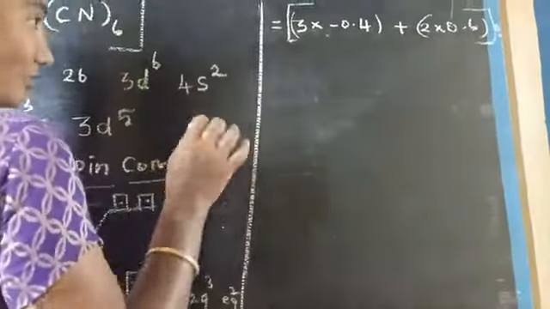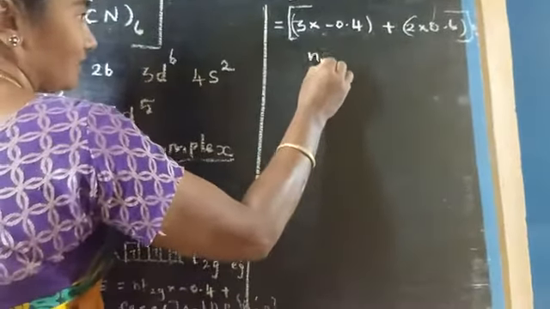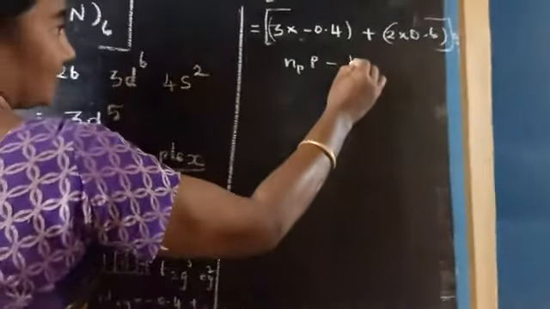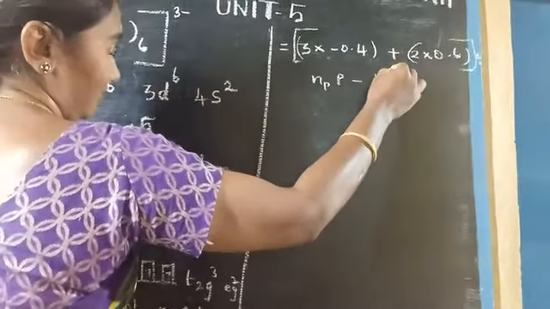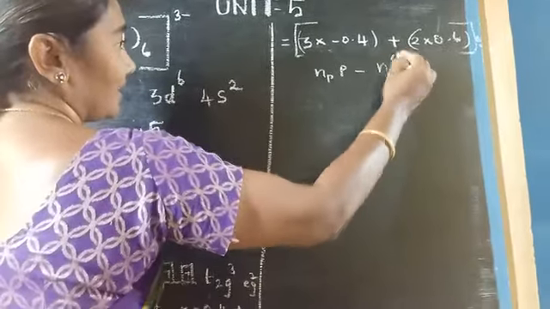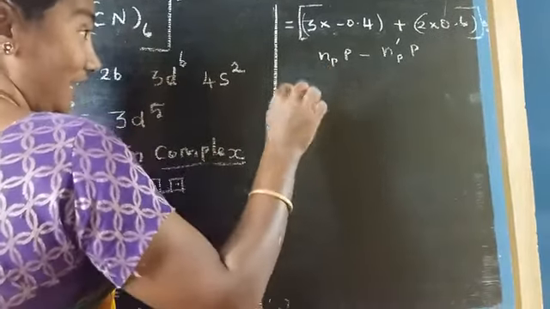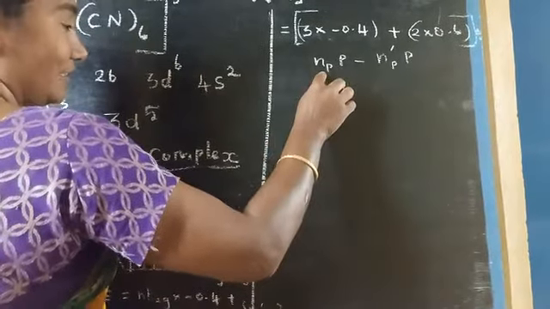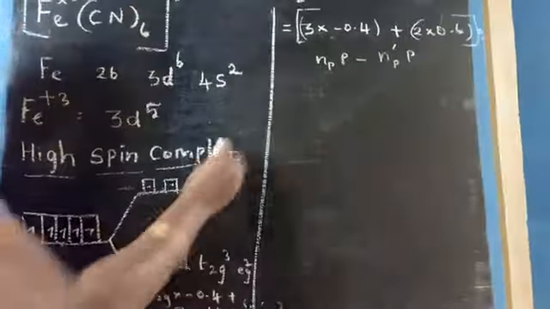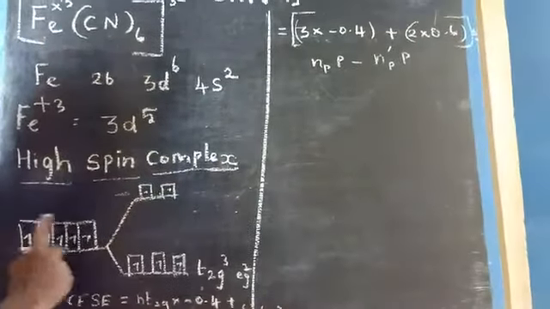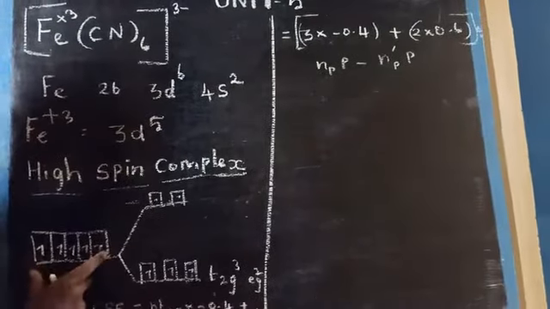Are you clear? Okay, so next nP, pairing energy, minus n'P'. Pairing energy: here the number of electron pairs in the ligand field. Here no pairing, so 0. This one is for the number of electron pairs in the barycenter, this position.